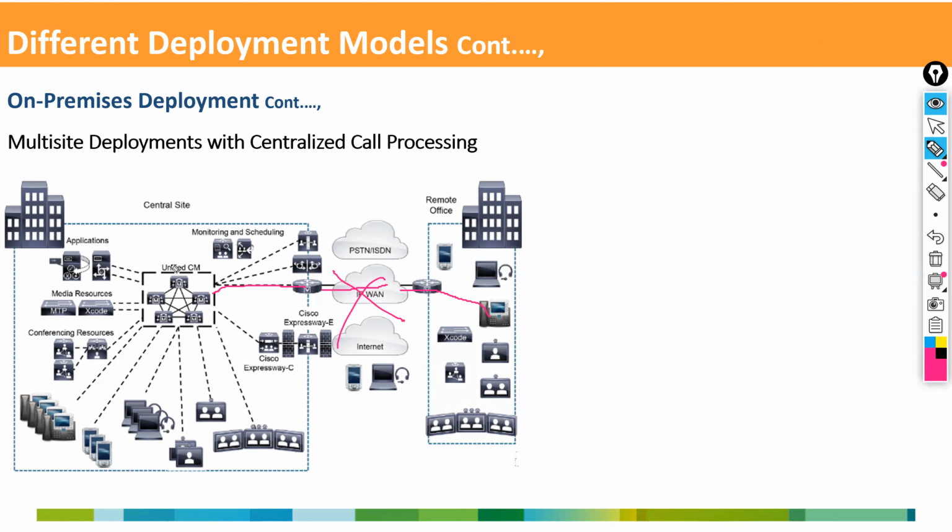And this phone also registered where? Under the CUCM. Always it will be registering through the internet only. Through the WAN only it will be registering. Suppose if this WAN is down, then is it possible to make the call? You have to understand one thing. Yes, we have a PSTN as a backup. Before to that, phone has to be registered, right? If the phone is registered, then only you can make the call.